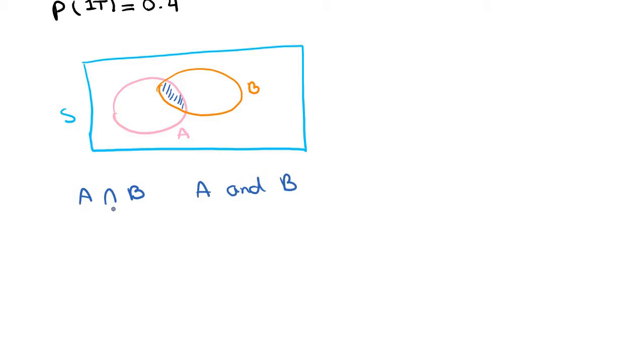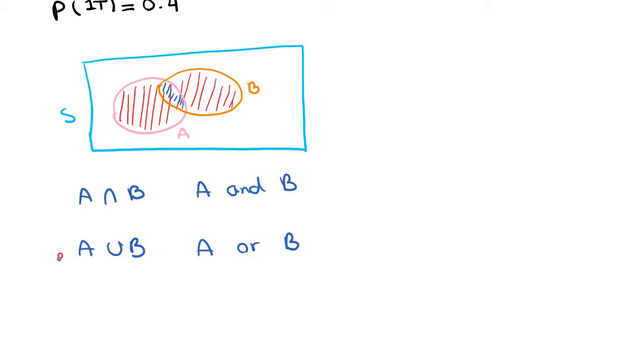And union of A and B, with this symbol, means elements inside A or B, which is, let me show that with red, this one.